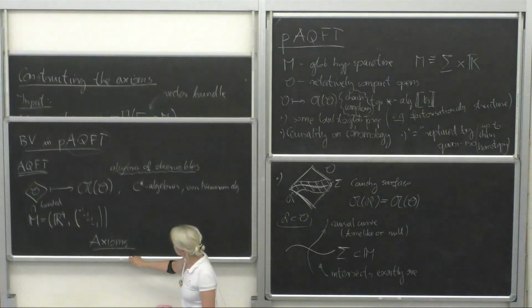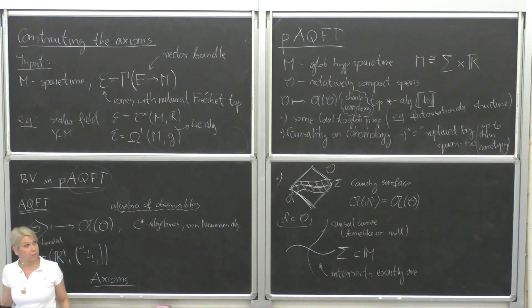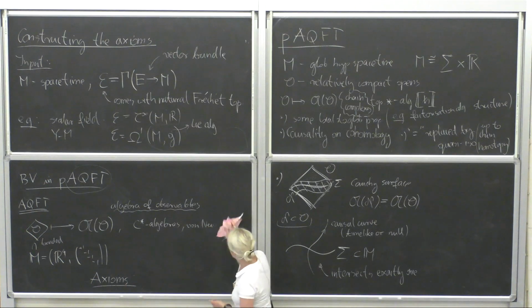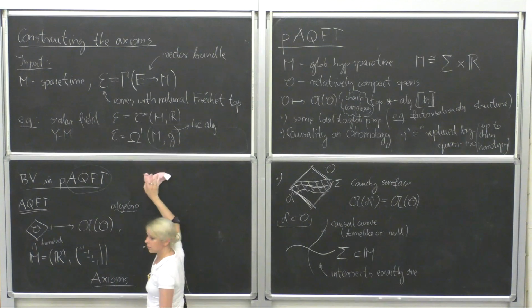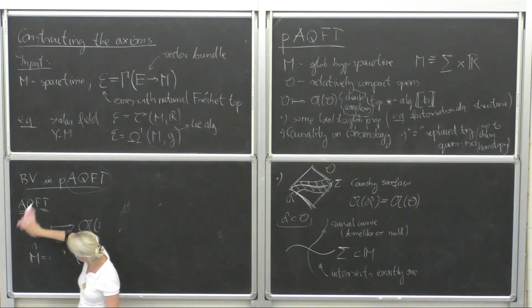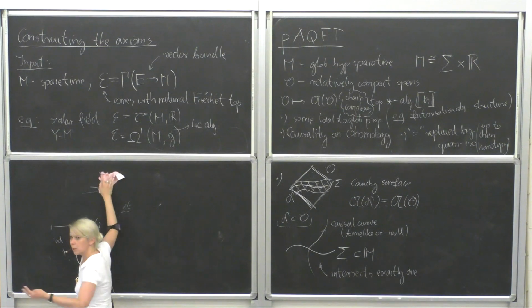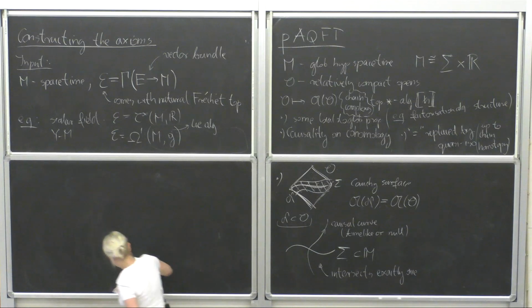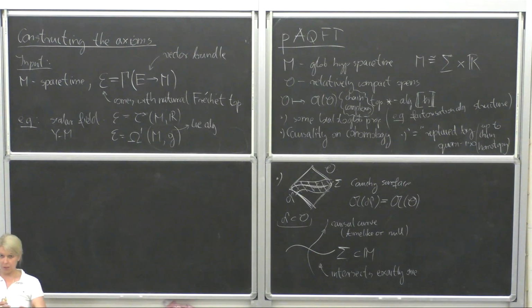Okay, and now I want to have some sort of observables. So first, classically, how do I think of observables? I have a field, an element of that space of field configurations. I perform a measurement and I get a number, right? I can be measuring some property of the field. So in the first instance, classical observables are some functions of the fields.